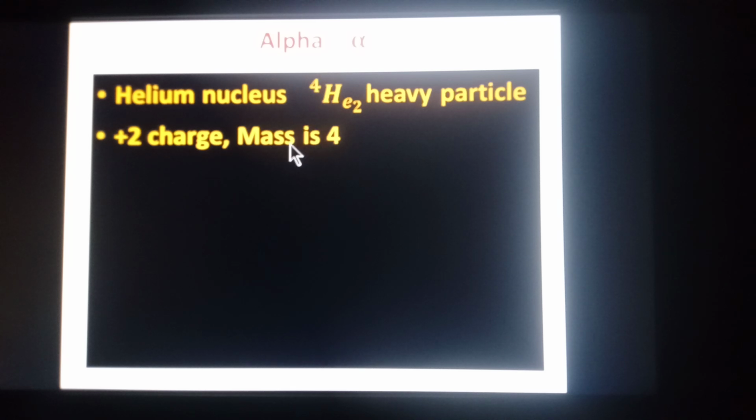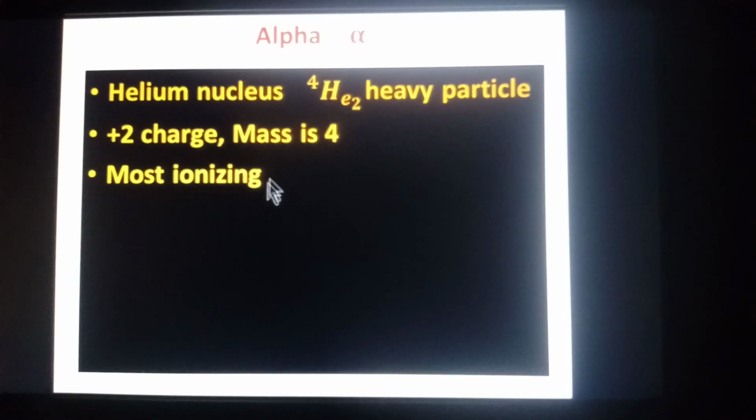Therefore, we say that it is a helium nucleus. Charge on an alpha particle is equal to that of 2 protons, and due to its heavy mass equal to that of 4 nucleons, we say that it is the heaviest particle in all the nuclear radiations.